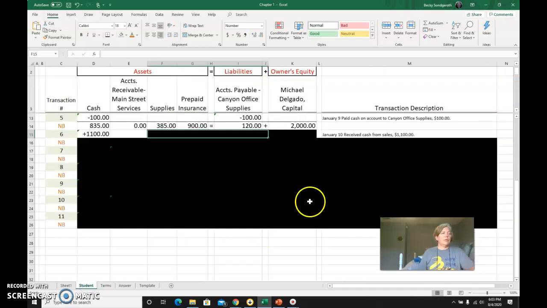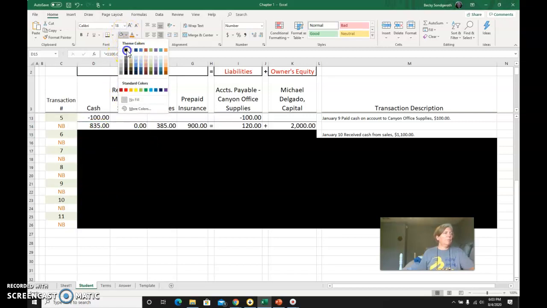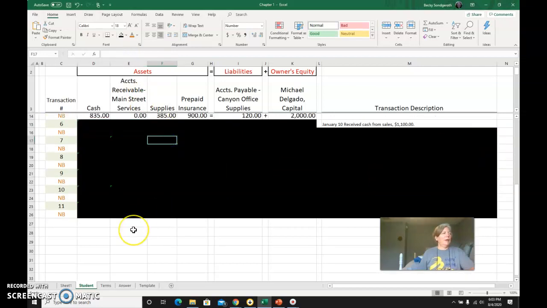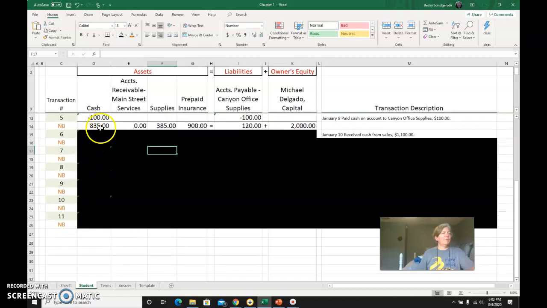So if we go to the student page, if you recall, we were at this balance right after transaction 5, so $835 in cash, $2,000 in capital. That's where we left off, and we had this new transaction now, which is that we received cash from sales on the 10th of January for $1,100.